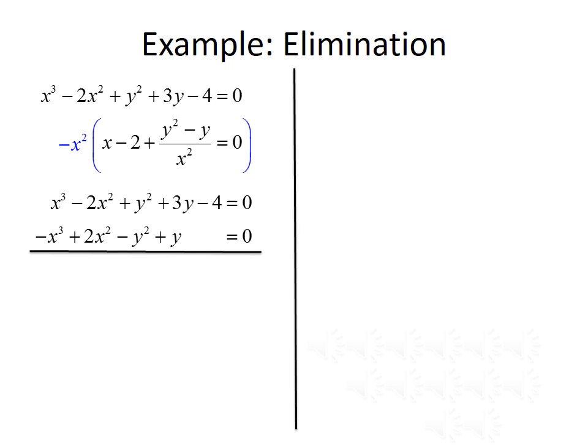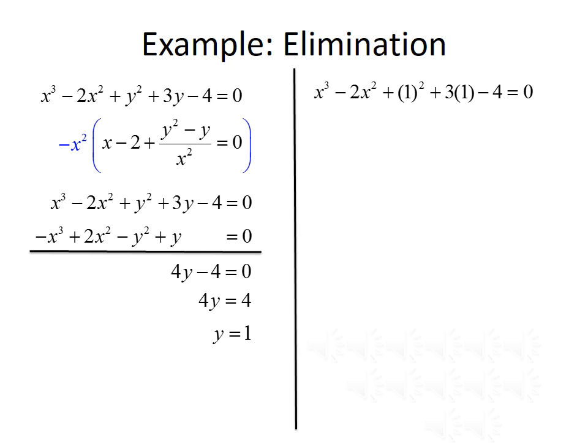Now we'll add our two equations together, and we see that x cubed minus x cubed cancels out, negative 2x squared plus 2x squared cancels out, y squared minus y squared cancels out, 3y plus y gives us 4y, negative 4 plus 0 is negative 4, so we're left with 4y minus 4 equals 0. We'll add 4 to both sides of this equation to get 4y equals 4, and then divide both sides of the equation by 4 to get y equals 1.